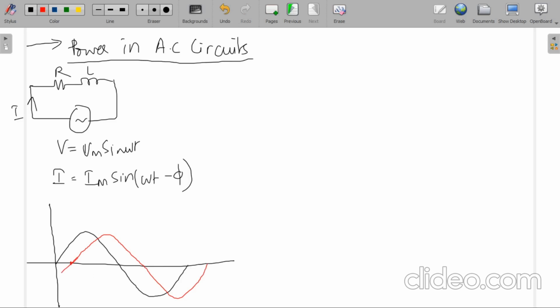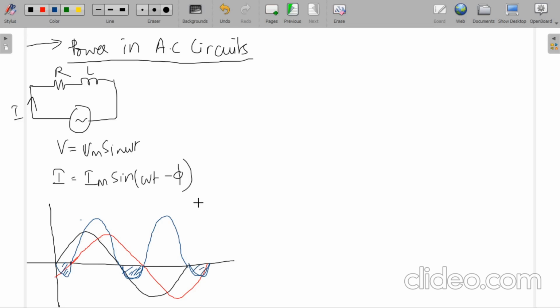Here is the voltage, here is the current, and coming to the instantaneous power, this is the instantaneous power.